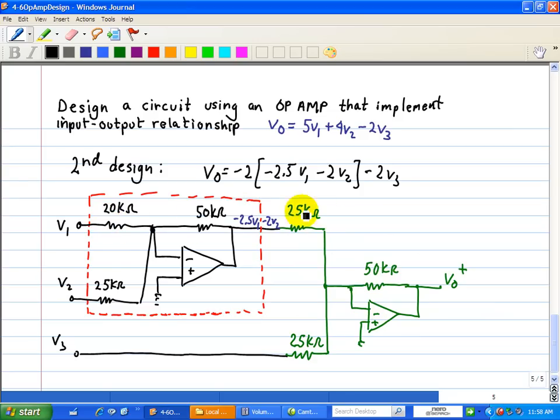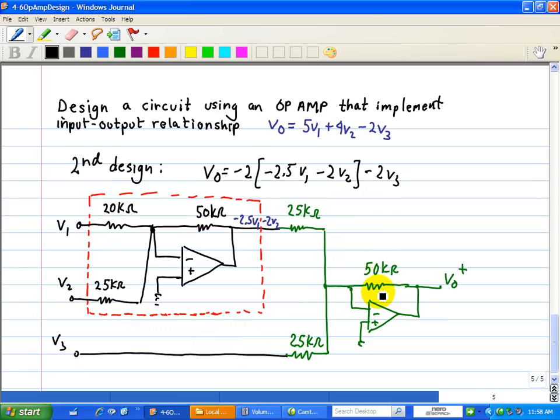So this is our implementation for the V1 and V2 inputs. Then finally for V3, we have a gain of -2, and that's 50K over 25K, that's -2. And notice we have a gain of -2 for this output of the first summer, and a gain of -2 for V3.